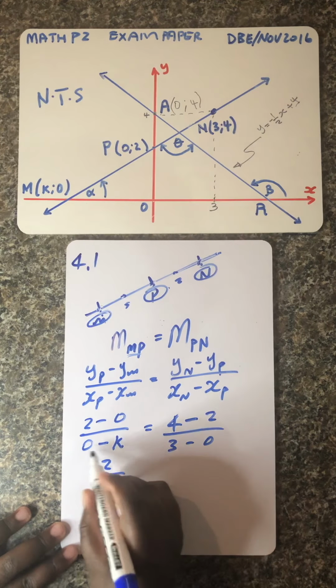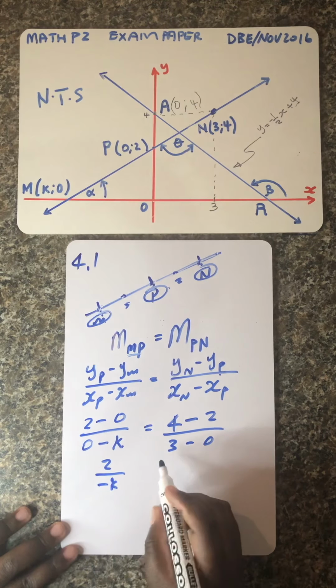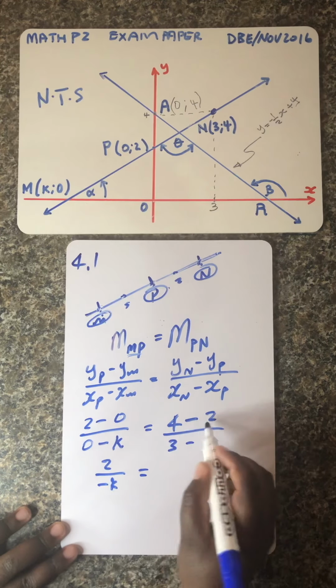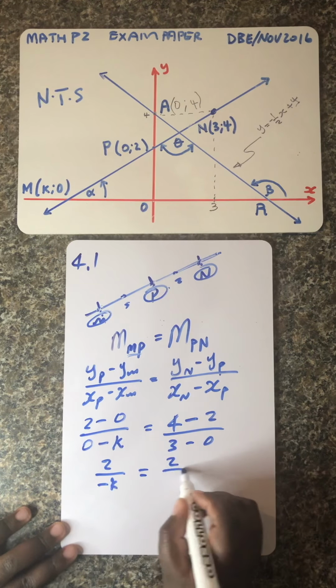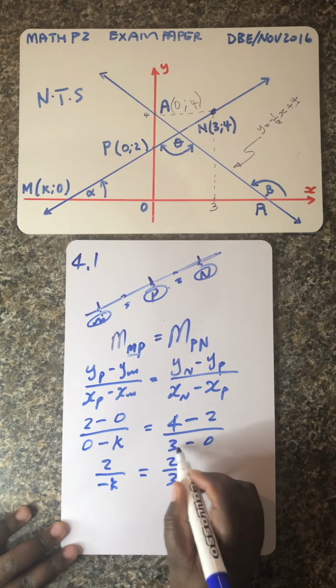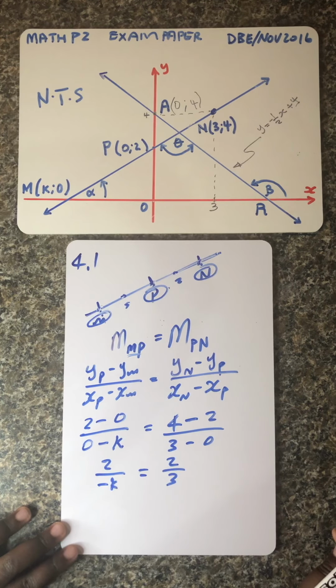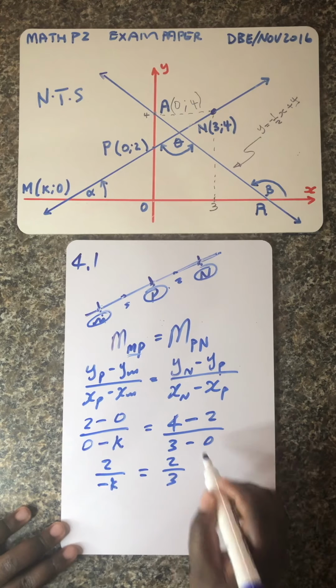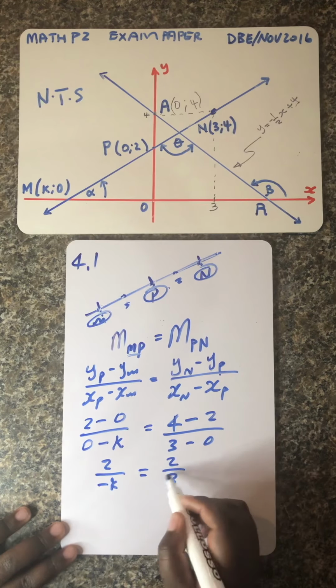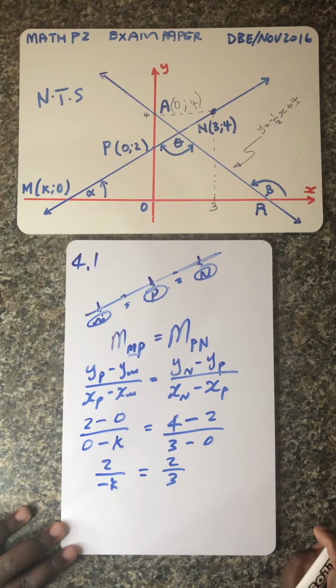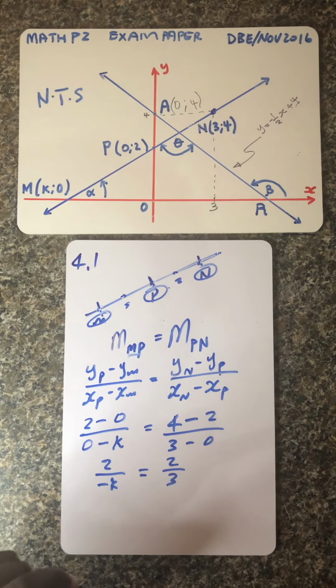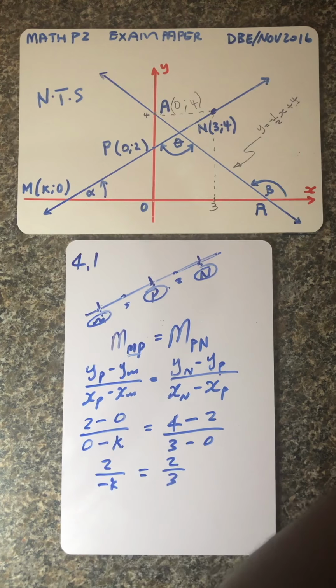This is over 0 minus K, it's just negative K, which is equal to 4 minus 2 is 2 over 0 minus 3, which is equal to 2 over 4. Okay, so guys, let me just check for a different marking pen and write this information.